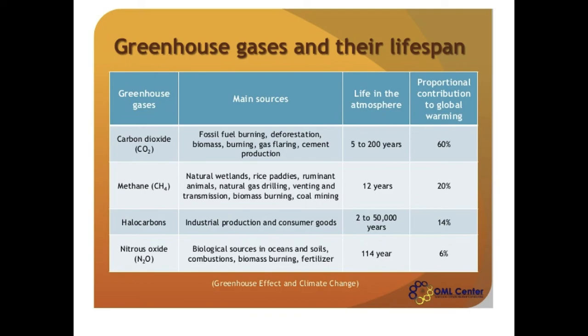You can also have its release by coal mining and by burning things. It has a much shorter life in the atmosphere, only 12 years, but again, it does have a higher warming per molecule, so it does make a large contribution still to global warming. Halocarbons make up 14% of global warming, and nitrous oxide makes up 6%.